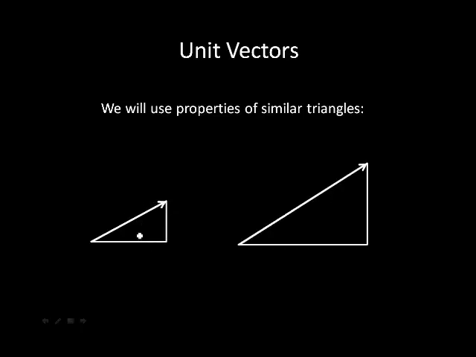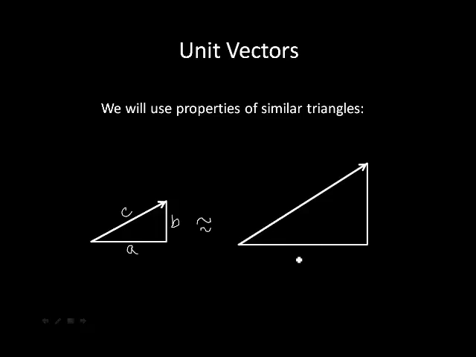So suppose you have a little triangle like this one here on the left, and it's got length A, height B, and hypotenuse C. Well, these two triangles would be similar if this other triangle here is just a scaled up version of the smaller one.